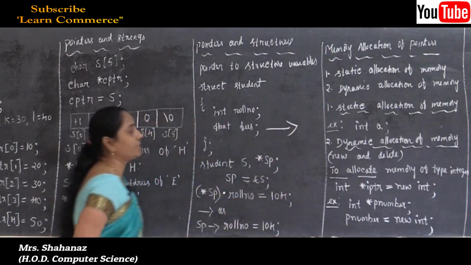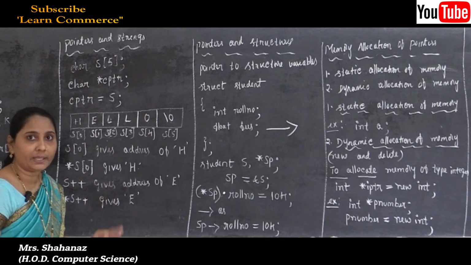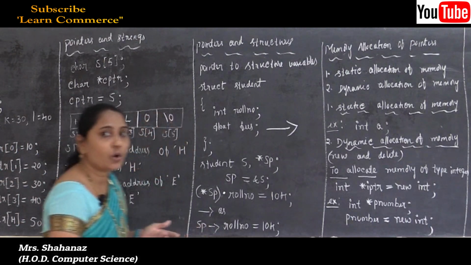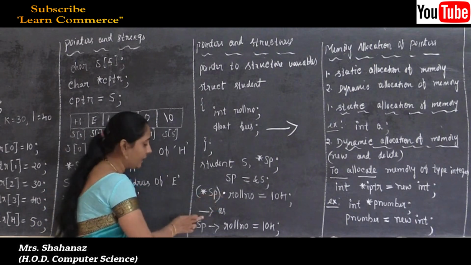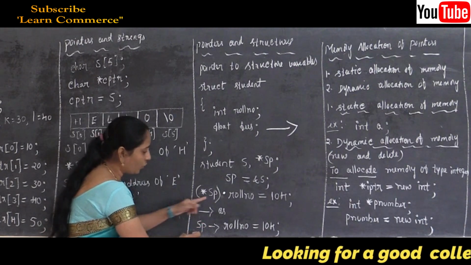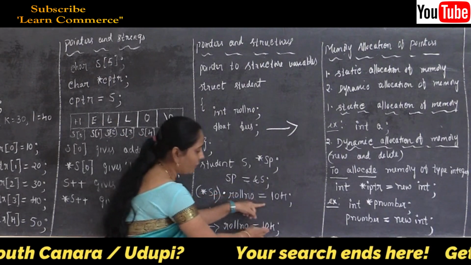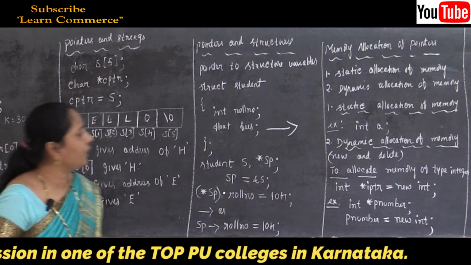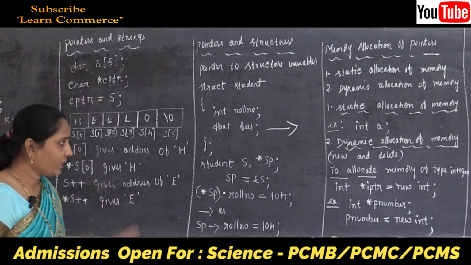You can use the dot operator to access the roll number value, and the same can also be written by using another operator, the arrow operator. So SP, arrow operator, roll number is equal to 104. It is just one simple example for pointers and structures. So clear this point about pointers and structures.